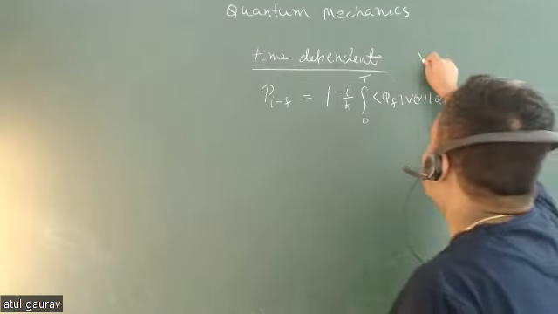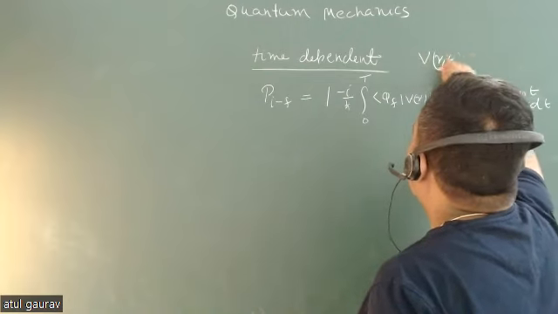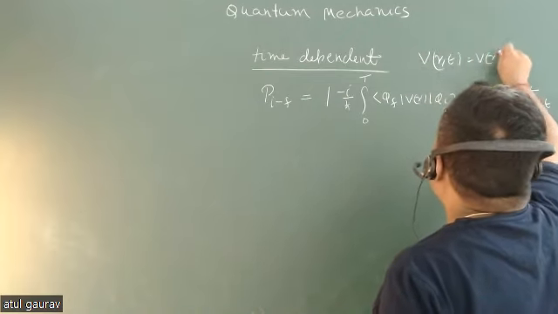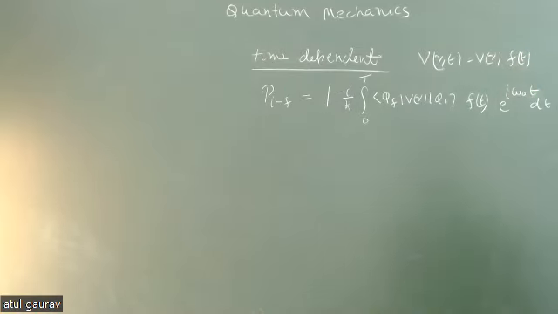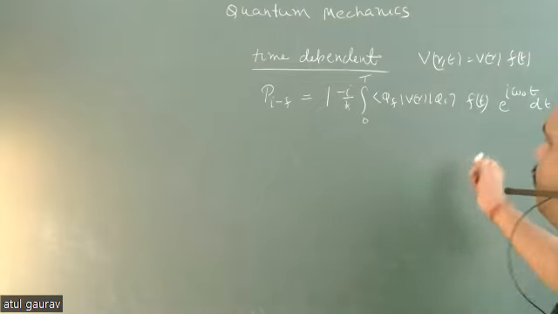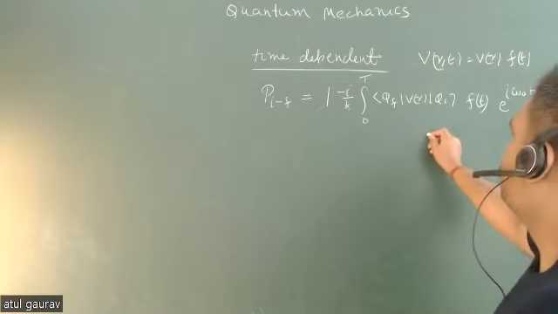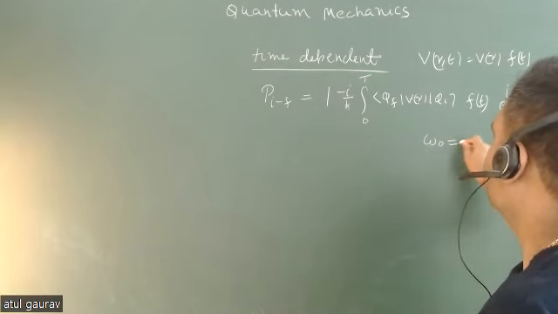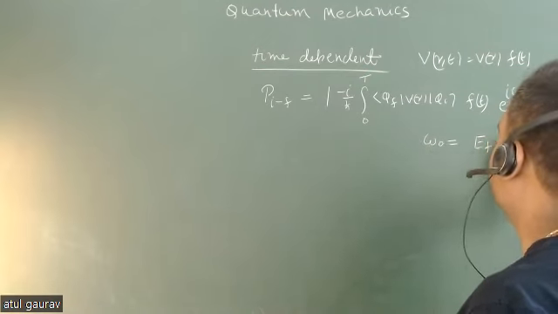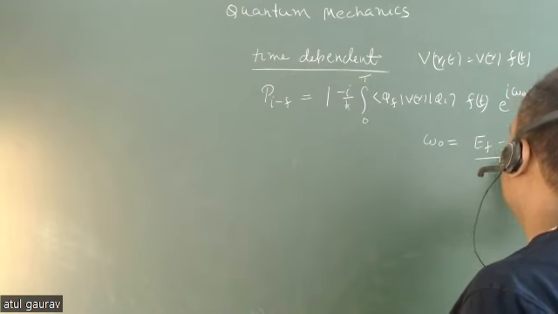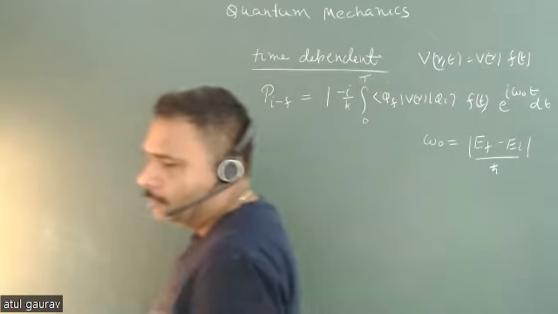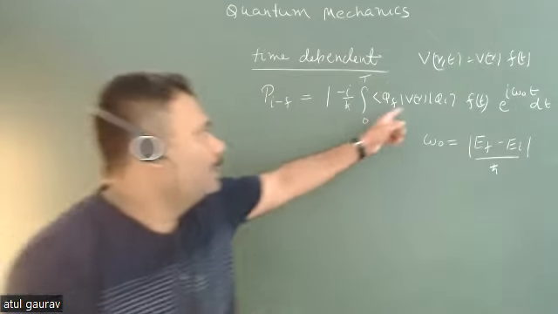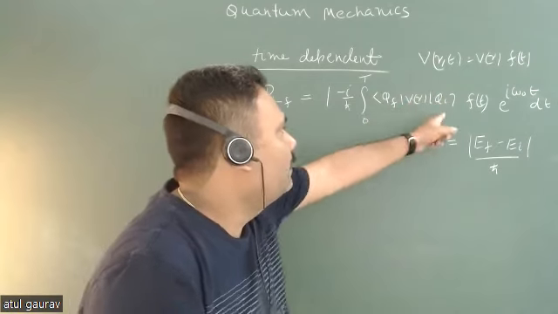So you have your V(r,t) as a function of V(r) and f(t). You can separate the time part and the space part, and you have to take this mod square. And what is your omega naught? E f minus E i upon h cut. And this is nothing but the transition matrix element.